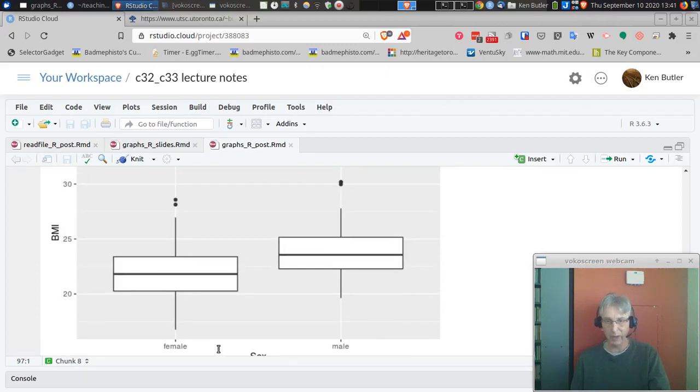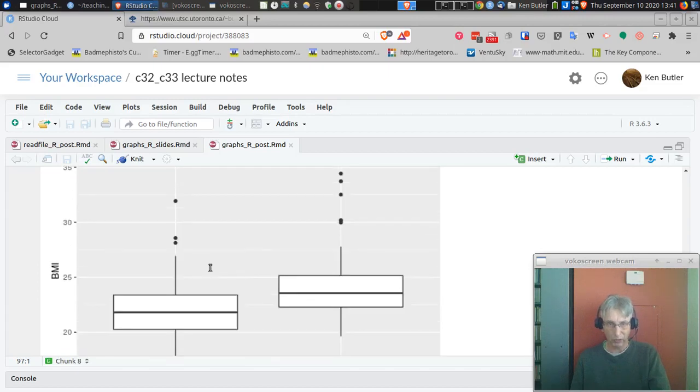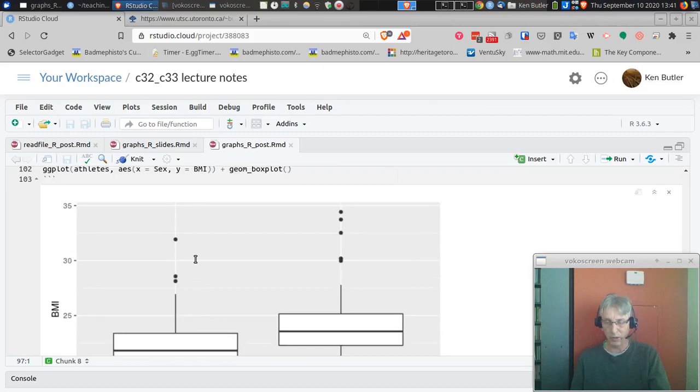And you get the familiar look of a box plot with median in the middle, third quartile at the top, first quartile at the bottom, and then outliers plotted separately, values that are unusually high or low, and whiskers connecting the box to the furthest out point that's not an outlier. And if you remember doing this in B22 or some such place, you might remember that business of 1.5 times the interquartile range. Anything more than that much above Q3 or below Q1 is an outlier.